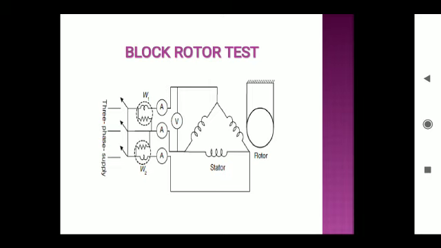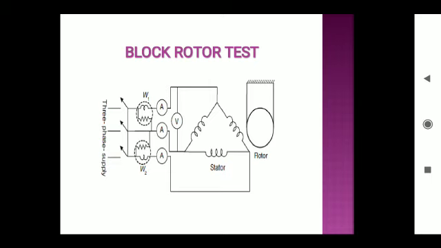The rotor winding is short circuited through slip rings in a cage motor. The rotor bars are permanently short circuited. This test is also called the locked rotor test, and the circuit diagram is shown below.